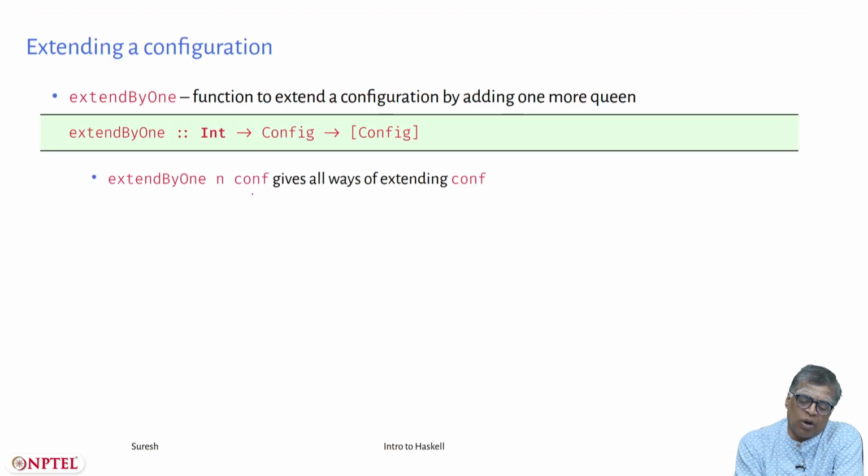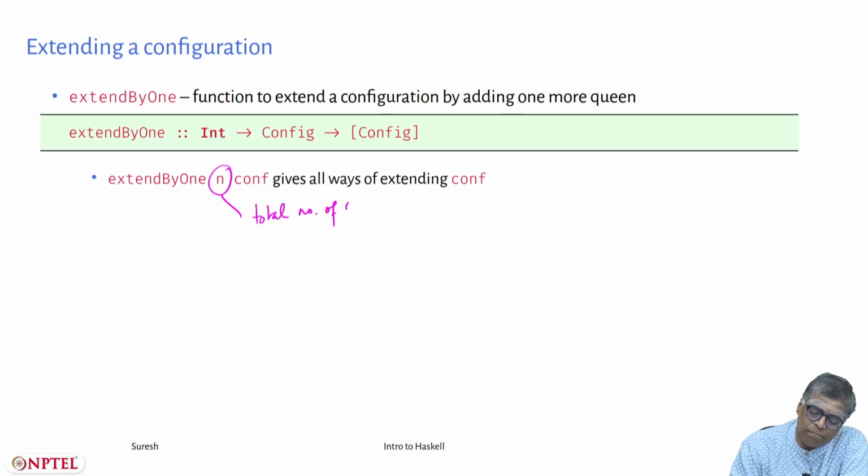Extend by 1 n conf gives all ways of extending conf, where this n is the n in the n cross n puzzle, which is equal to the total number of columns, which is equal to the total number of queens.